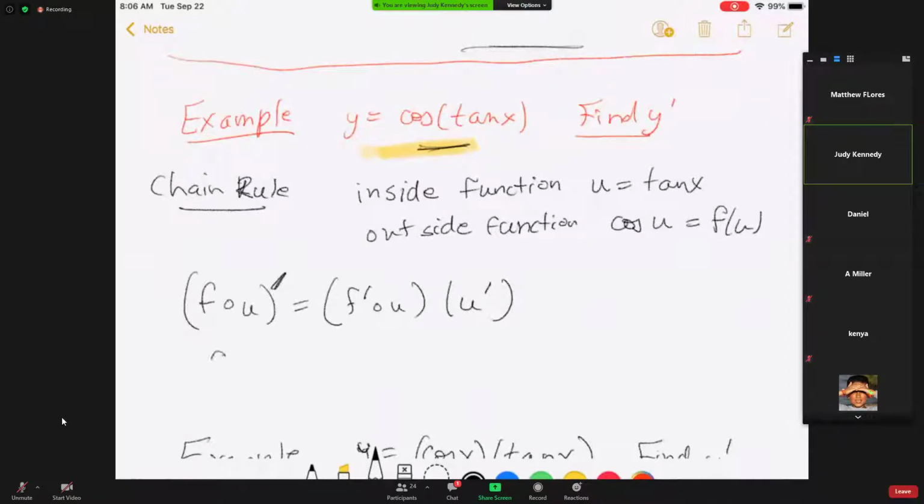Well, F prime of u is the derivative of the cosine of u, which is minus the sine of u. And u prime, with argument x, is equal to the derivative of the tangent, which we found out yesterday was secant squared of x.